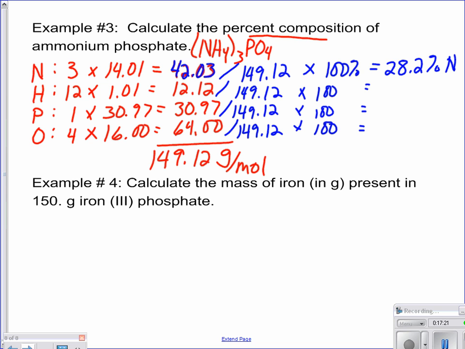We get 8.13% that is hydrogen. 20.8% phosphorus, and 42.9% oxygen.